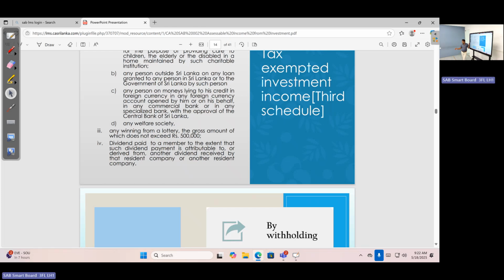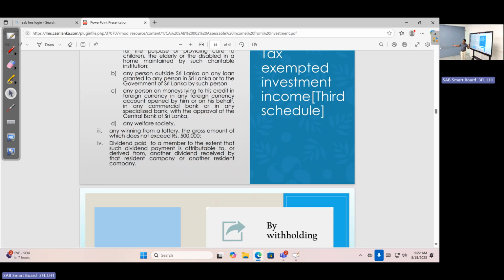But if that dividend is from the dividend income that particular company receives. That's what it says: dividend paid to a member, dividend paid to shareholders, to the extent that such dividend payment is attributable to or derived from another dividend received by that resident company or another resident company.